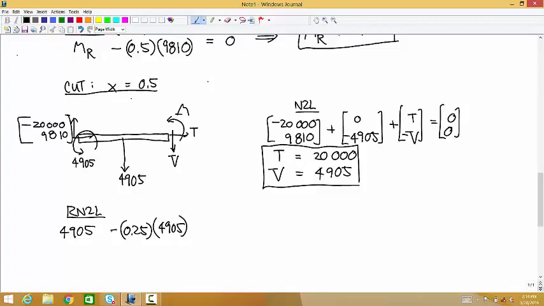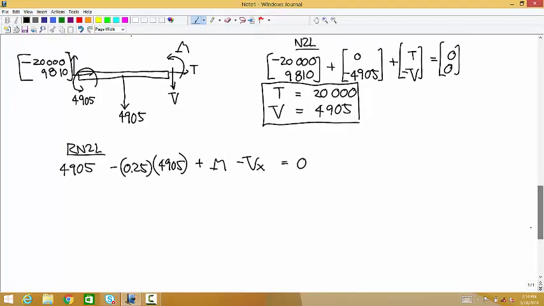and negative. And then plus M minus Vx equals 0. So M is equal to Vx plus, what's that? Quarter of, who knows? That's impossible.